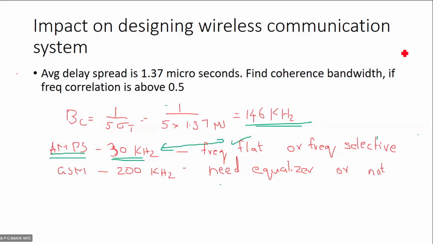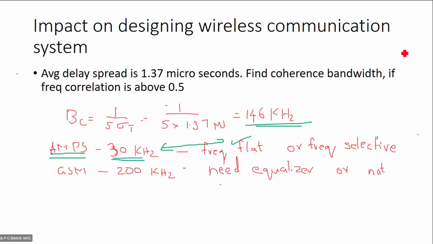So what is the coherence bandwidth here? Coherence bandwidth is nothing but 0.2 by sigma tau, that is 1 by 5 into sigma tau, which is equal to 1 by 5 into 1.37 microseconds, which is 146 kilohertz.